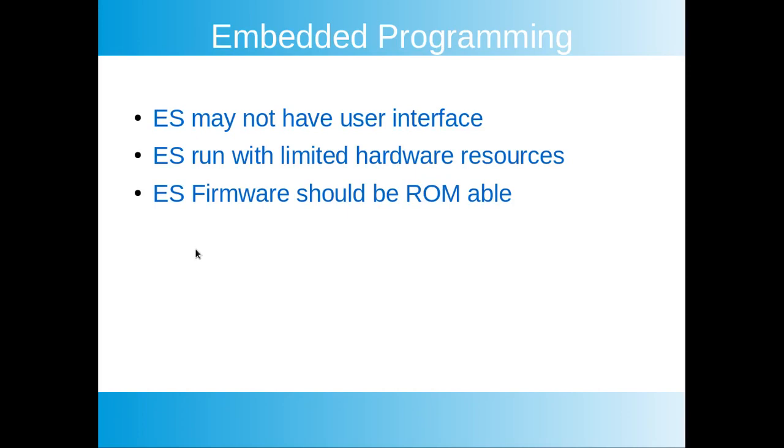Before starting embedded programming, we should consider the following characteristics of an embedded system. Firstly, the embedded system doesn't have a user interface. Sometimes it may have, but normally it doesn't. For example, consider an air conditioner.